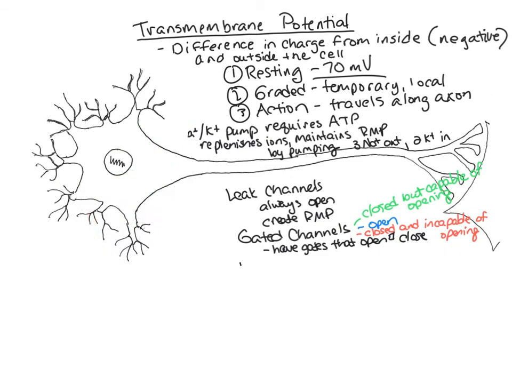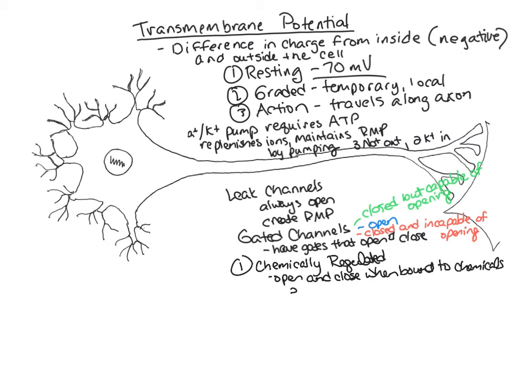The first class are chemically regulated channels. The chemically regulated channels will open and close when they bind to specific chemicals. For example, there are receptors on the dendrites in the cell body that bind to a chemical called acetylcholine.